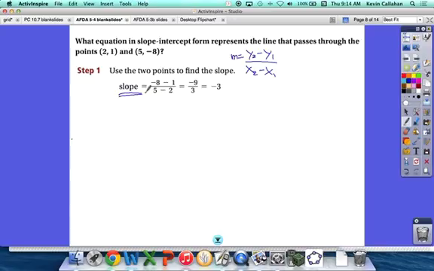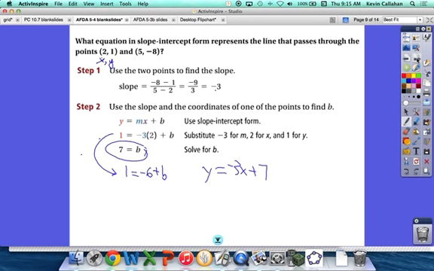Remember that? And then we needed to find the b. How did we find the b? Which equation did we use to plug into? The slope-intercept form, right? You start with y equals mx plus b, and you plugged in one of those 2 points and the slope, and you solved for the b.